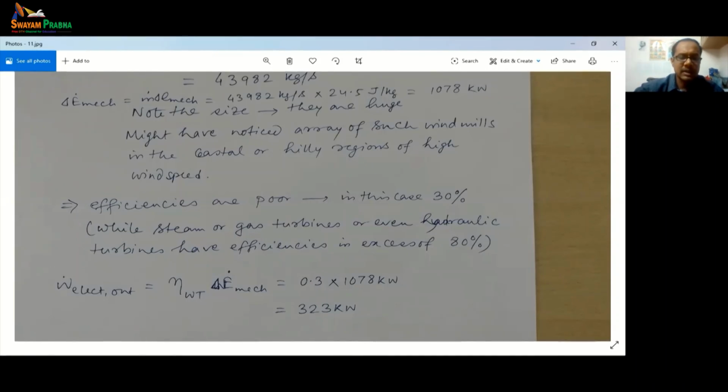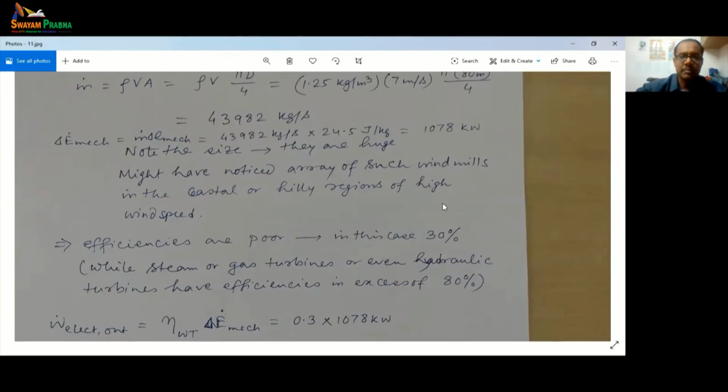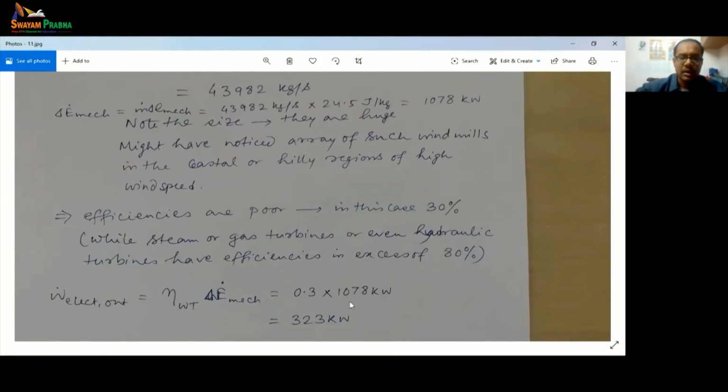So ultimately the electrical power output that you will get will be the efficiency of the wind turbine multiplied by the mechanical energy available. That means 30% of this 1078 kilowatt, which is 323 kilowatt. So by installing this 80 meter diameter huge windmill, you will get 323 kilowatt of electrical power.